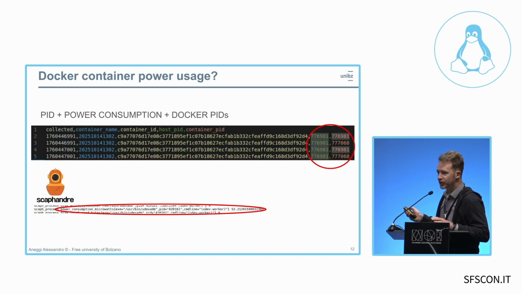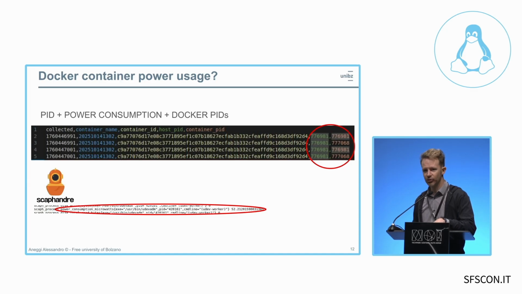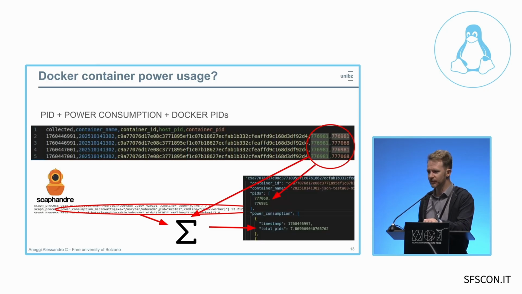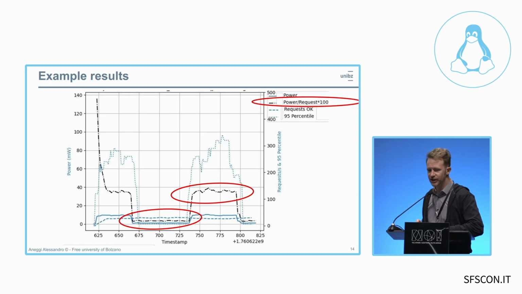Here, for example, is the list of the PIDs that the Docker container is using, and for each PID there is the PID number and the power consumption at that time. So in the end we have the mix of that data, and we can know the power consumption of a specific Docker container.